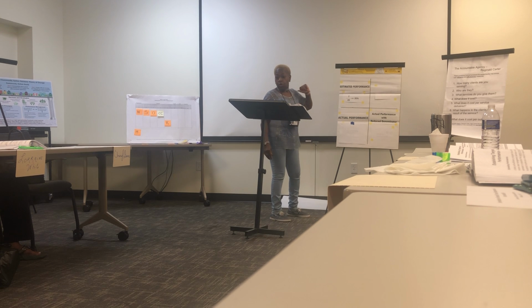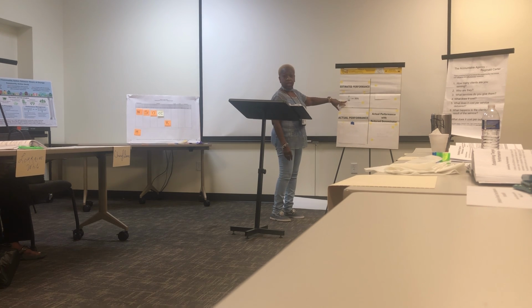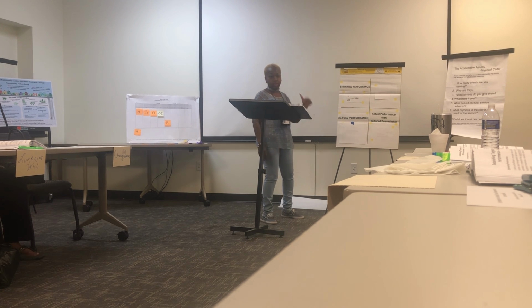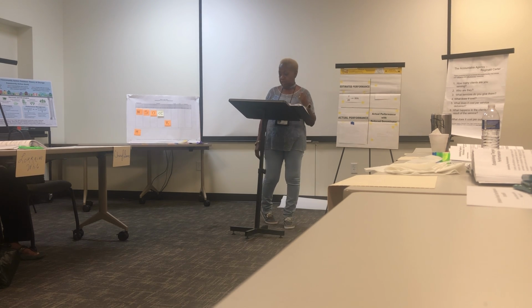For the estimated performance, we had 20 families, which is our denominator. So we had 7 families who actually completed and increased their household income. So on that, which is the estimated performance, we had 35% of the families that we had projected to actually increase their household income.